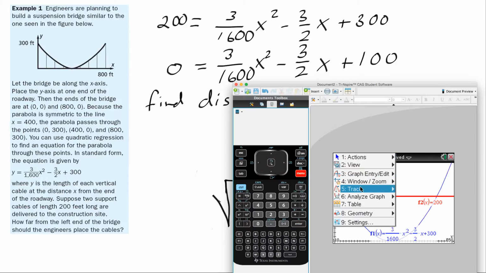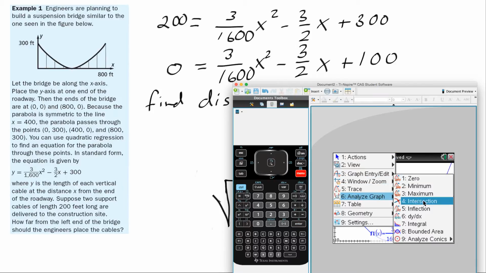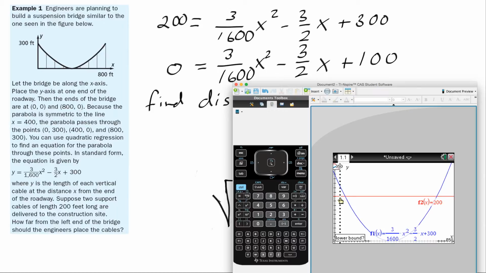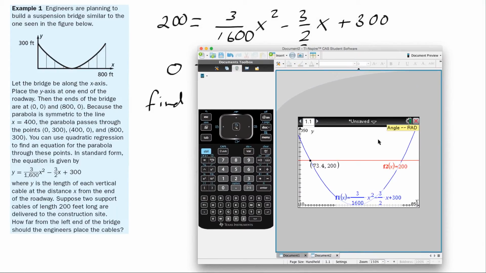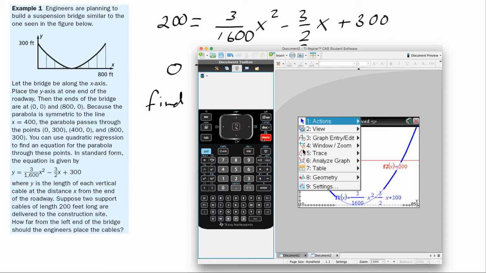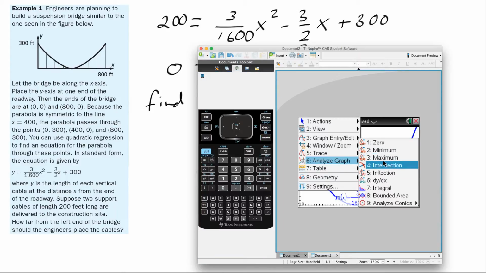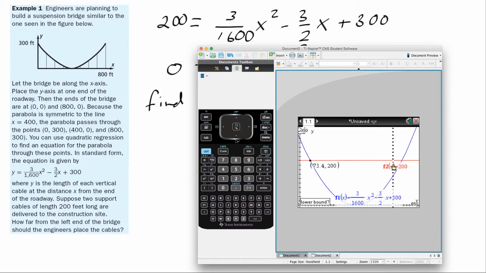Remember, I got to put boundaries on it, and I have one at 73.4, and another one at 727.